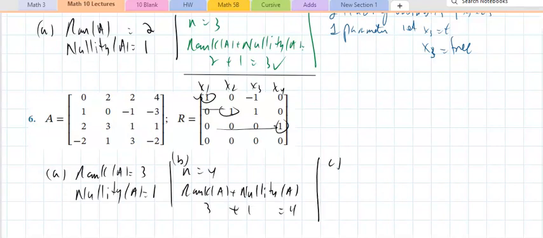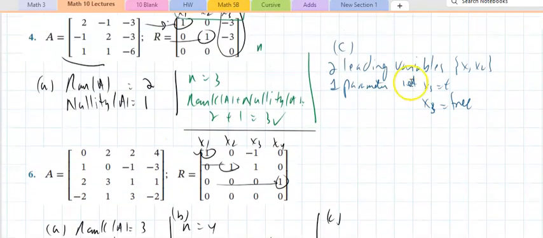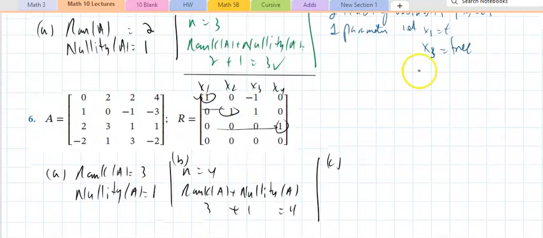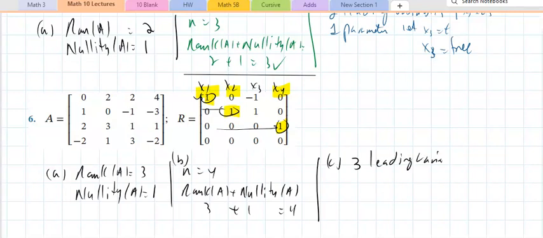That's B. And C, if I really want to look at the leading variables, we have 3 of them. 1, 2, 3. So we have 3 leading variables. You don't have to name them, but I want to name them x1, x2, x4.